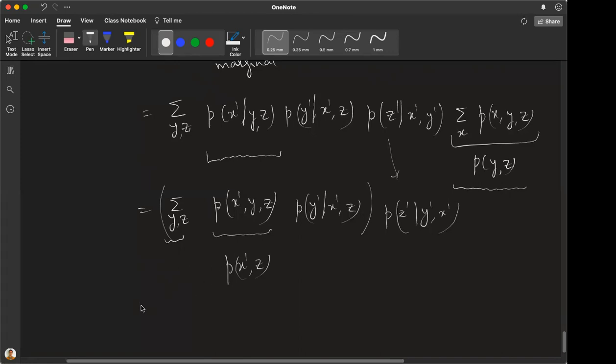This becomes eventually equal to summation over z, P of x dash comma z, P of y dash given x dash comma z, and P of z dash given y dash comma x dash.